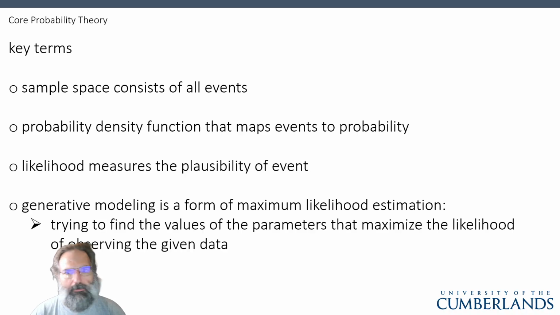And so some key terms in order to understand some of the concepts that you're going to be introduced to in the chapter: the sample space consists of all events. The probability density function maps events to probability. So you look for the likelihood of something essentially being in the sample space. The likelihood measures the plausibility of the event. So how likely is something to occur?